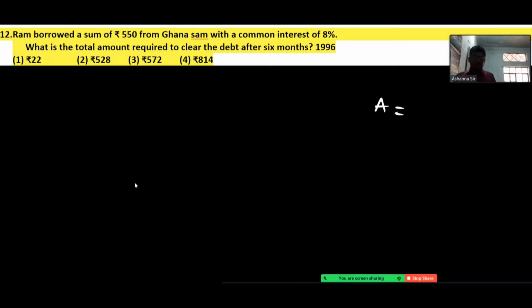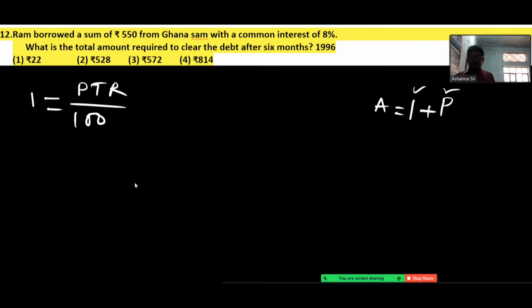How to find amount? Adding interest to principal or principal to interest. So first we have to find interest, then we have to add principal. First interest. Interest is equal to formula PTR by 100.